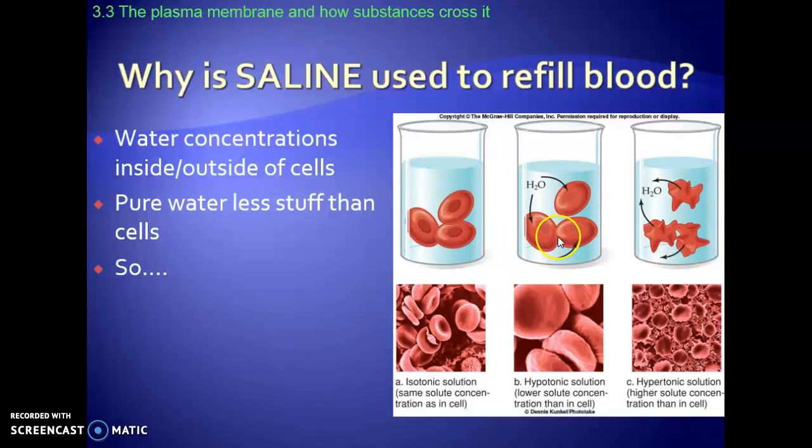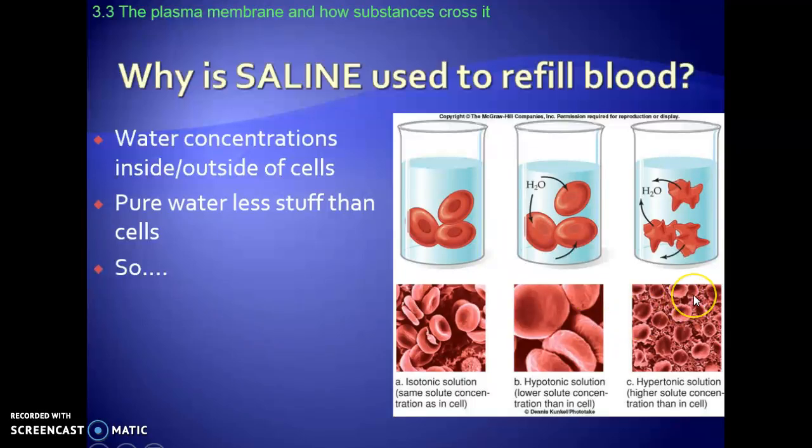And what you can see from this picture is that these cells swell. They get bigger because they're pulling water into the cell, which is what these arrows show. In this picture, you can see the size difference. These cells can get so big that they're going to erupt or lyse.